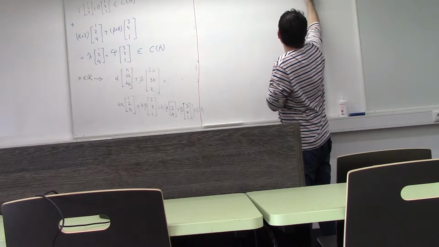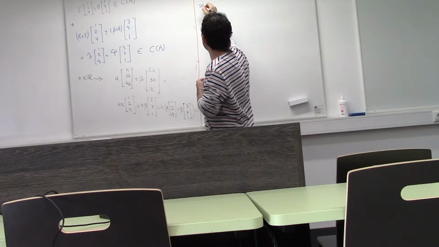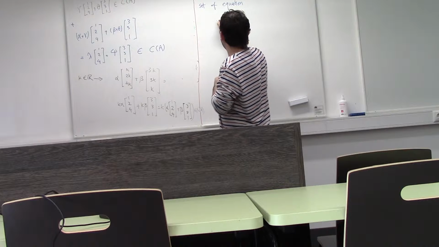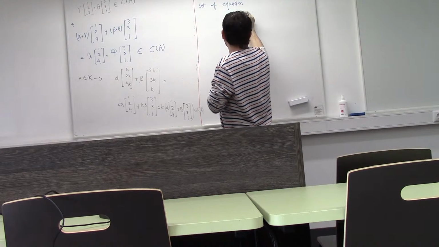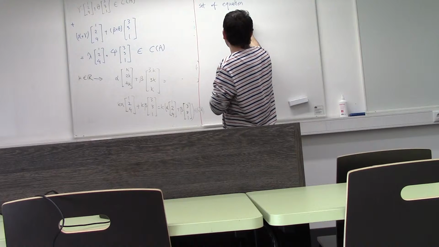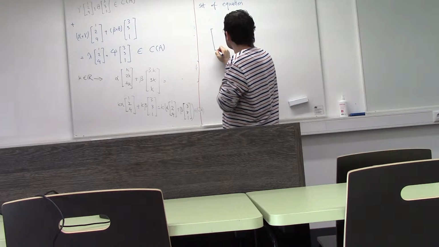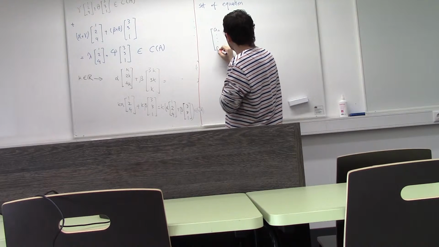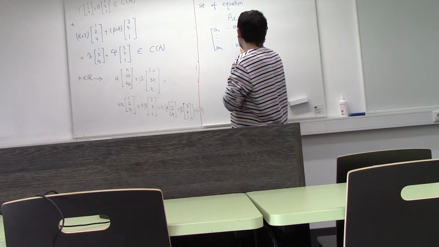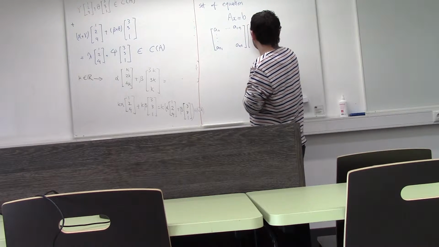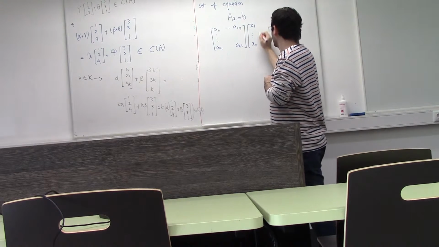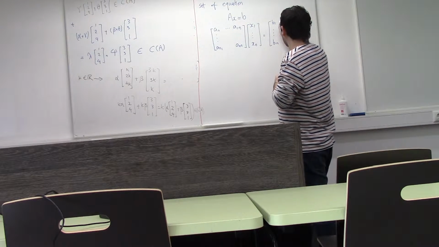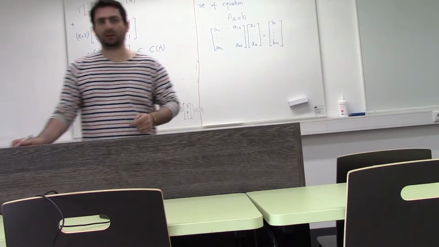for the set of equations of Ax equals b, we can write it in this form, right? I mean, sets of equations.